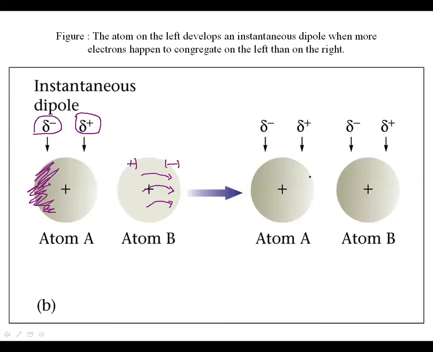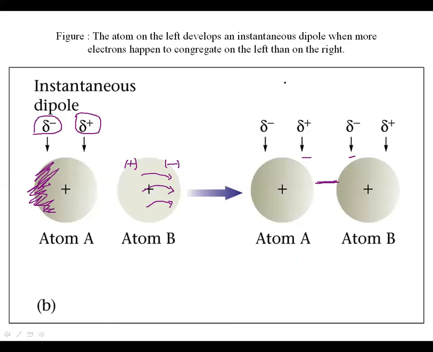Then this gives them a temporary way to align themselves and interact with each other through the positive side of one and the negative side of another. Again, this is dispersion forces.